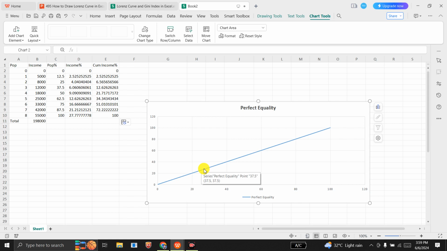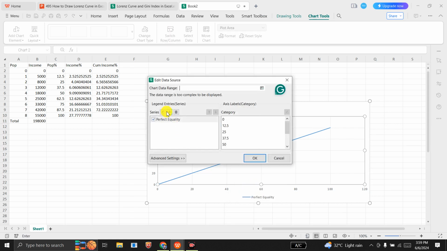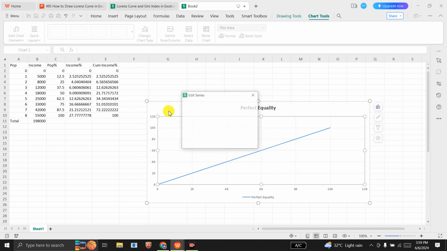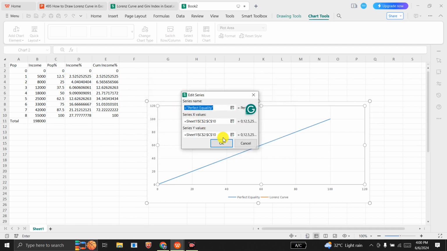Now, in order to draw the Lorenz curve, I'll select data again, and I will write now Lorenz curve. My x-axis is the same as before, but this time my y should be the cumulative percentage of income.